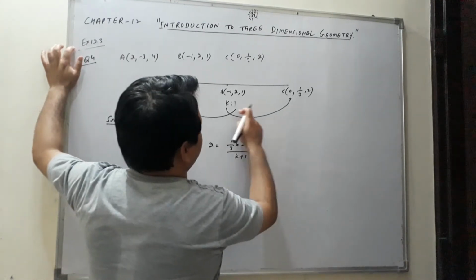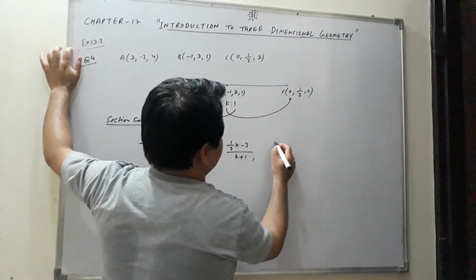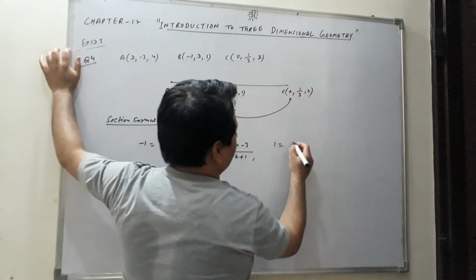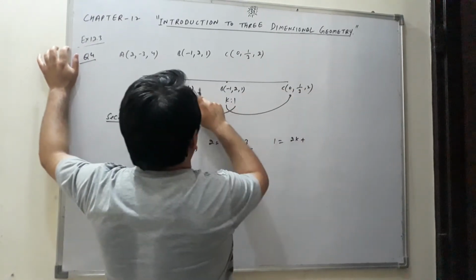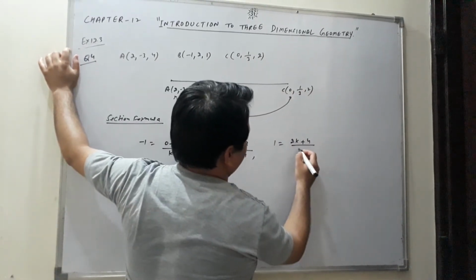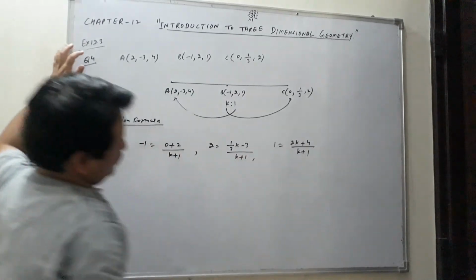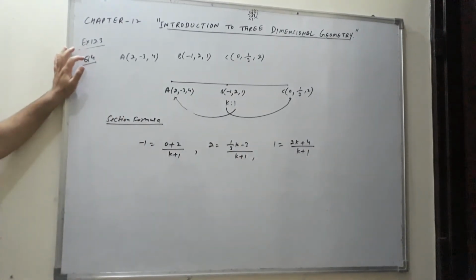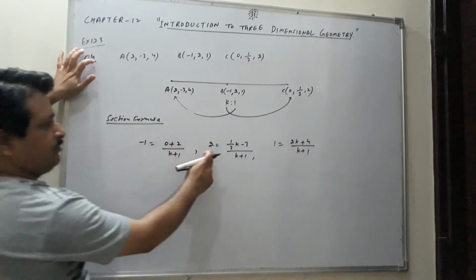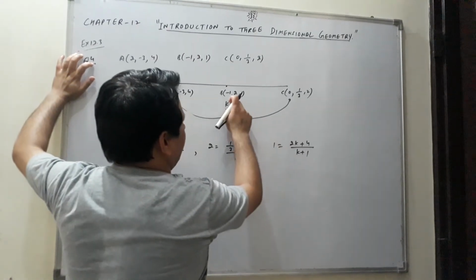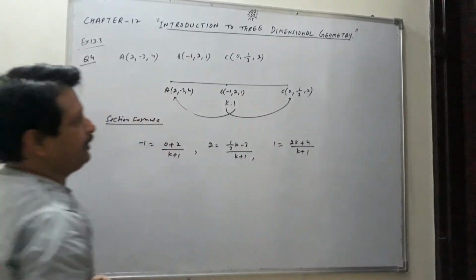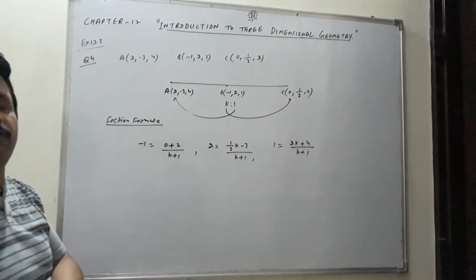Then the z coordinate 1 is equal to (2k plus 1 multiplied by 4) upon (k plus 1). This is the x coordinate, this is the y coordinate, this is the z coordinate, and these are the coordinates of point B. Now very easily we can find out the ratio.